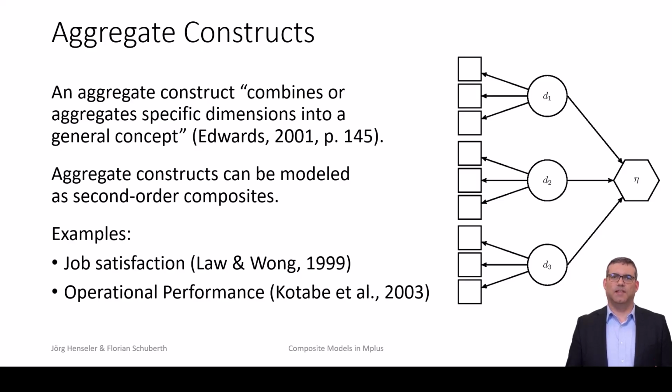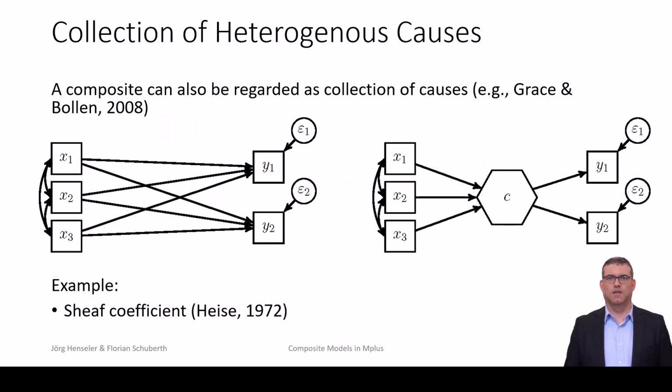And these latent variables make up an aggregate construct. So these latent variables, latent first order constructs, are aggregated on a higher level of abstraction. It's also a special kind of second order construct, where the second order construct is a composite made up of the first order constructs. Examples of this type of model are job satisfaction or operational performance.